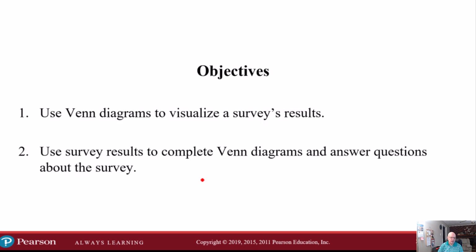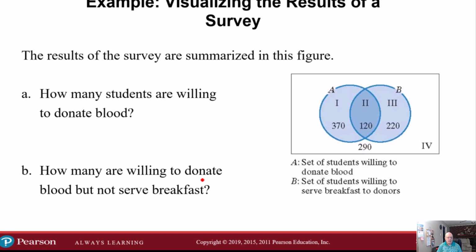We're going to use the Venn diagrams, and we're going to answer survey results. So here's a starter with 2 of them. How many students are willing to donate blood? So we're starting up here. Okay.